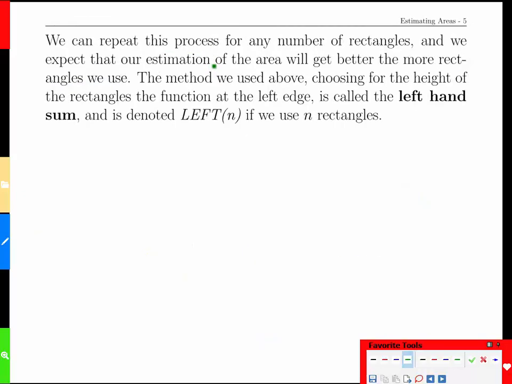The key calculus idea that's hiding in here is that we can repeat this process for any number of rectangles. And when we do that, we can imagine that we're going to converge towards the actual area. When we talk about these methods, say we had that curve again, we're going to give a name to the specific approach of taking the left-hand point on some interval and using that as the height of our rectangles.